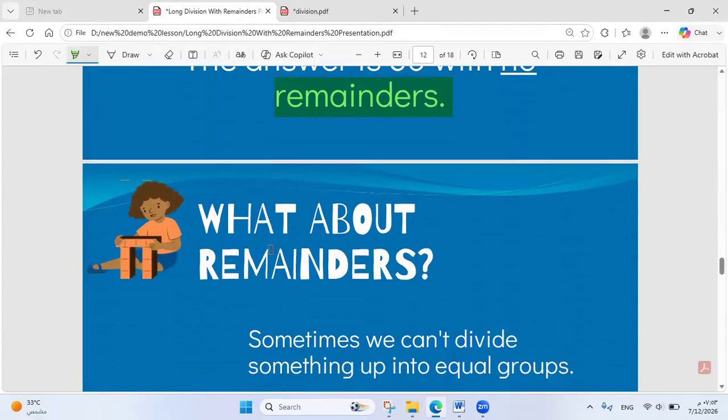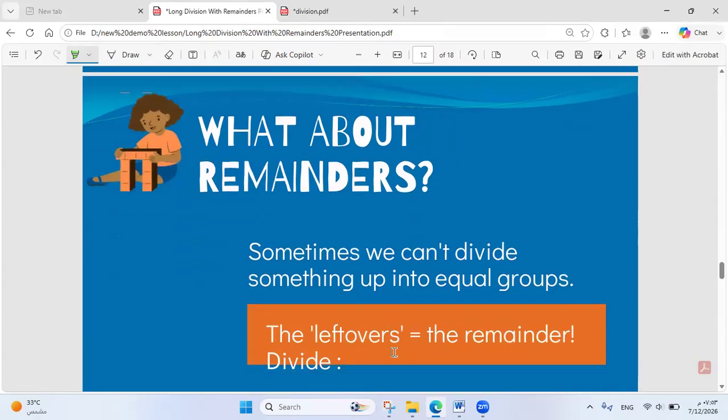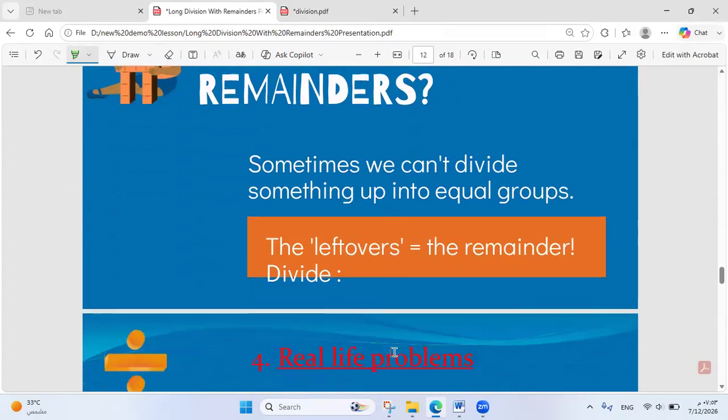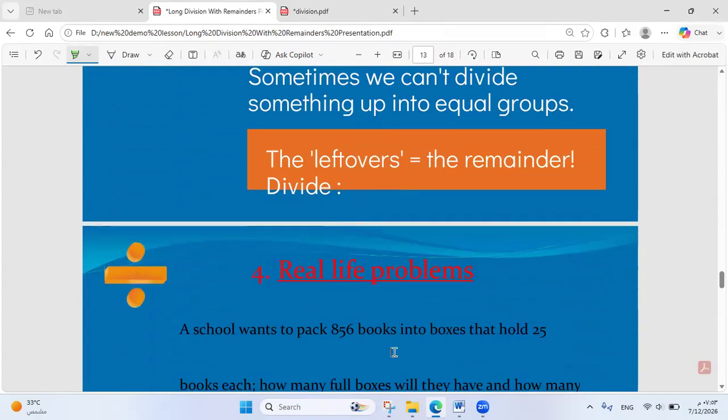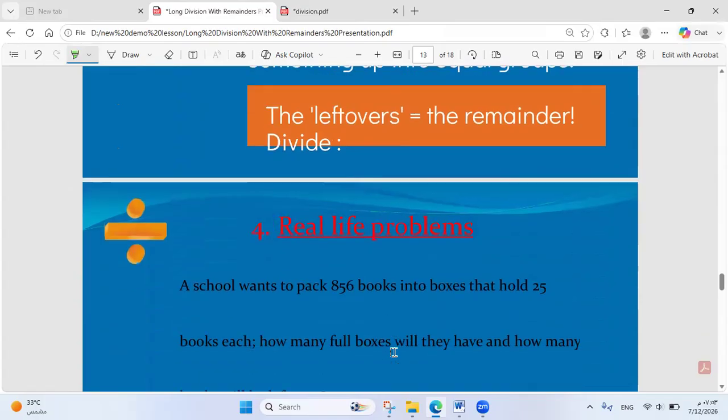Let's see how we can get the remainder. What about remainders? Sometimes we can't divide something up into equal groups when we divide. So we get what? We get leftovers. What are the leftovers? The leftovers are the remainder.